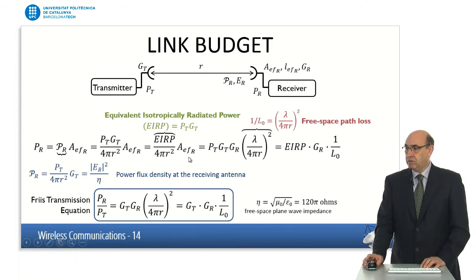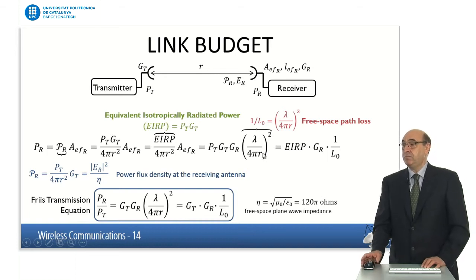But you can also write this effective area in terms of the gain of the receiving antenna. And remember, this was equal to lambda squared divided by 4 pi times the gain. So here now you have the transmitted power, the gain of the transmitting antenna, the gain of the receiving antenna, and then lambda divided by 4 pi r, squared.